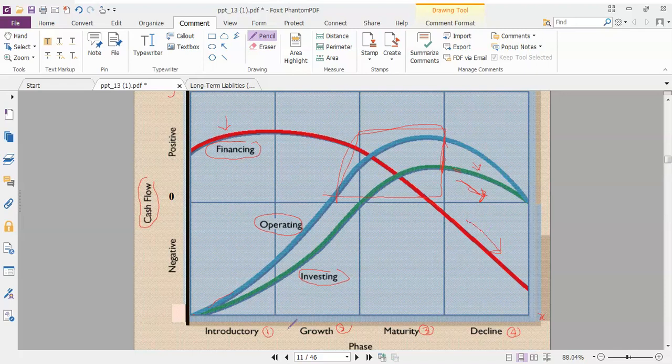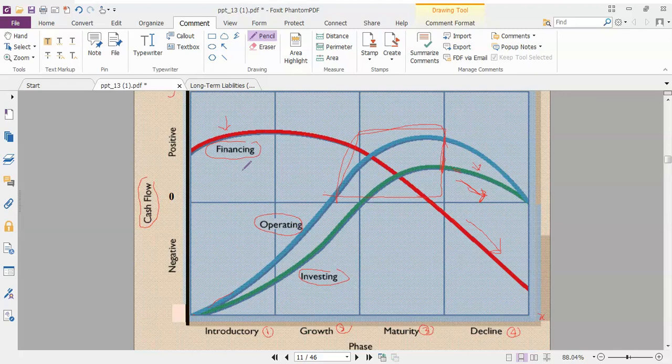If our product is in the decline phase, for example, if we start financing to build a new car, then in the first introductory phase our financing is positive, high cash flow, but throughout the phases the company decides to stop that product, so our financing will decline, and the cash flow for that financing of the product is negative.